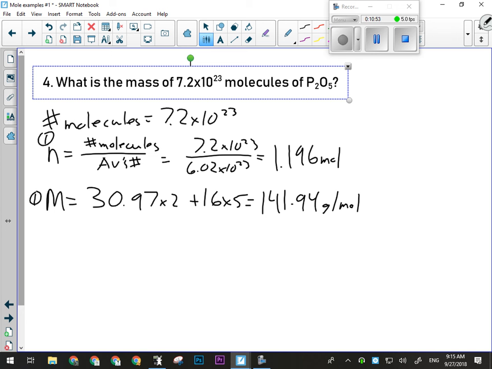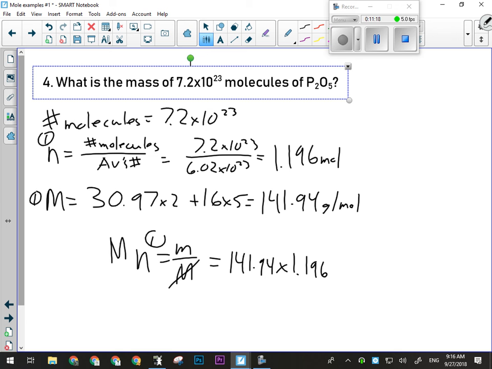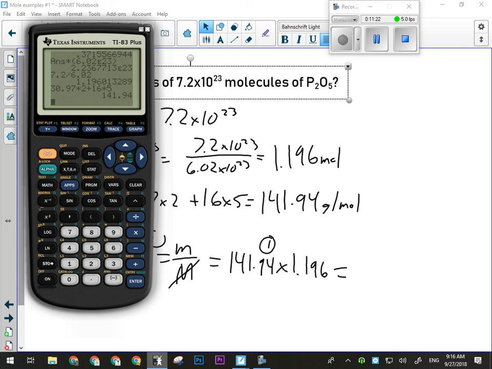I have N because I found it using Avogadro's number and the number of molecules, and I have molar mass, which I calculated from my periodic table. So N equals little m over big M, but I'm solving for little m, so I'm going to multiply both sides by big M, so I would get a mark for that manipulation. Then I'm going to have 141.94, and I'm going to multiply that by my 1.196 moles, and that will give me my answer, so I'd get a mark for plugging in my numbers.